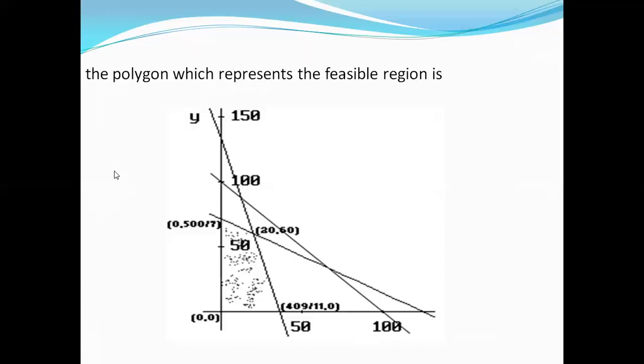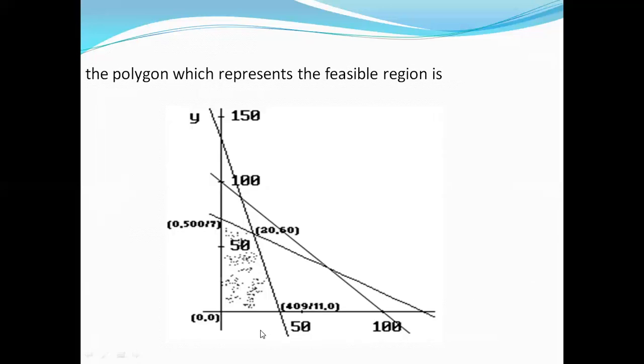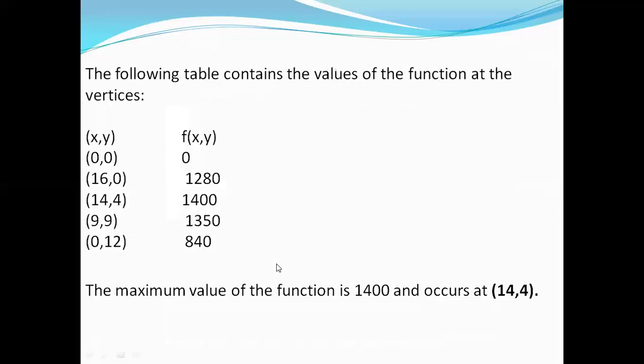At the origin, 0 comma 0, the value is definitely 0. At 16 comma 0, it is 480. At 14 comma 4, that is a unit of manufacturing, it is 1400. At 9 comma 9, it is 1300, and at 0 comma 12, it is 800. So the maximum value that is considered is 1400.